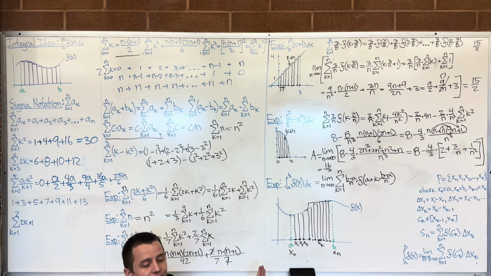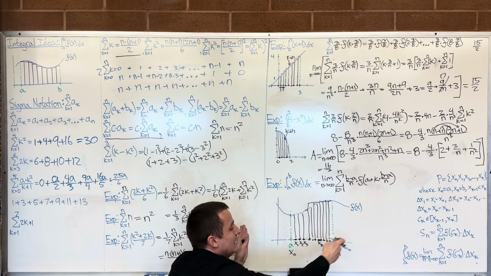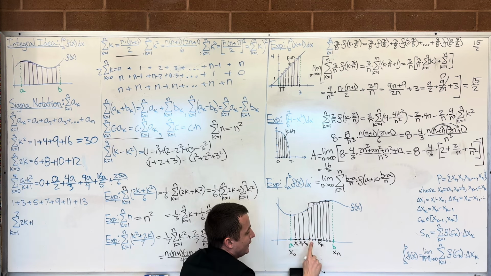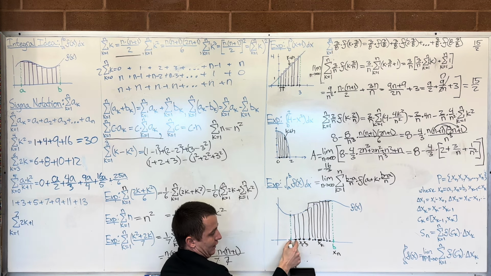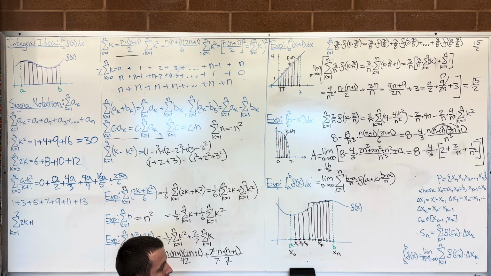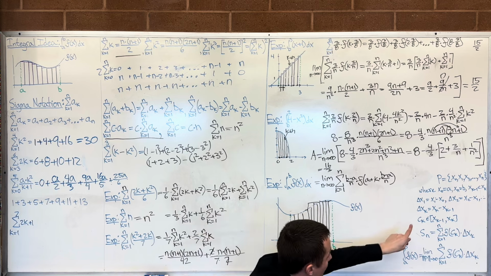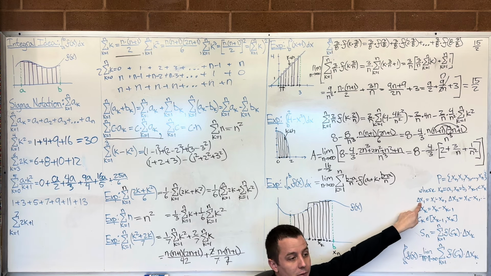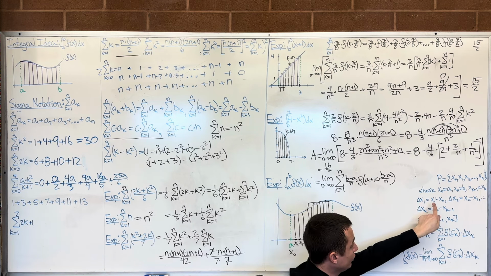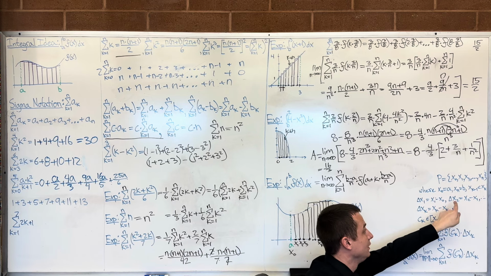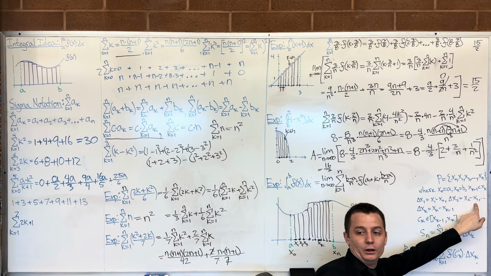If I'm not guaranteed that I'm evenly spacing every time, then what is the base of this rectangle right here? It's just x sub 1 minus x naught. So the base of our first rectangle, which is what we mean by delta x1, is just the end point minus the start point. Delta x2 is just the end point minus the start point.